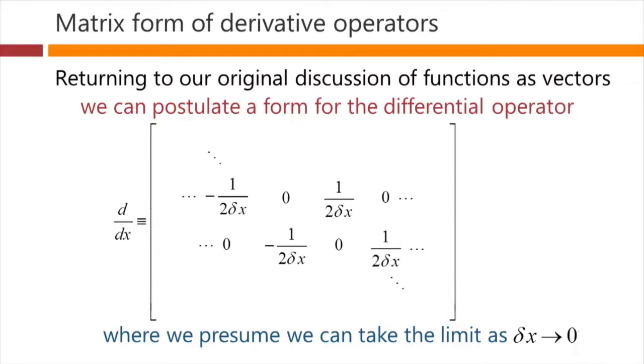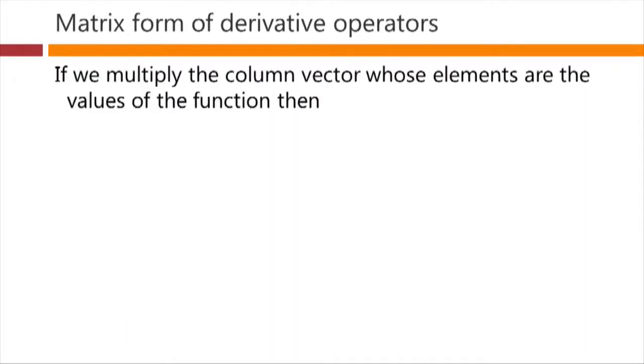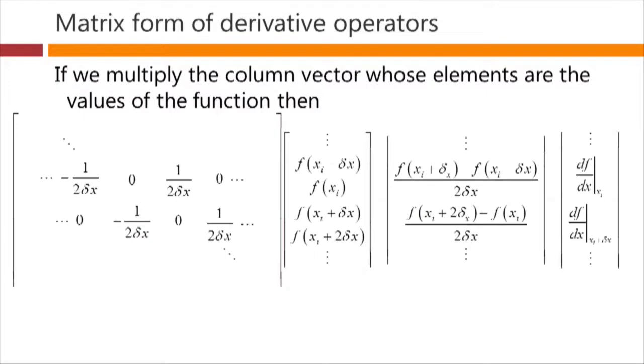We are going to take the limit as delta x goes to 0 here, and this will match up with our idea of a function as being determined by a set of values at a set of closely spaced points spaced by delta x. So if we multiply a column vector whose elements are the values of the function at all of these closely spaced points separated by delta x, then what we'll find is the resulting vector has got elements like this in it.